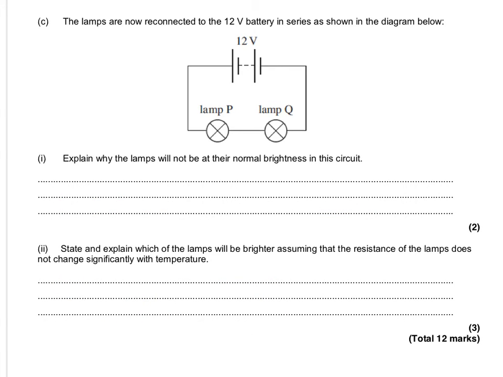Okay, so this next question is asking, what if we connect them in series instead? So the 12 volts is no longer applied across them in parallel, but we've connected them up in series.